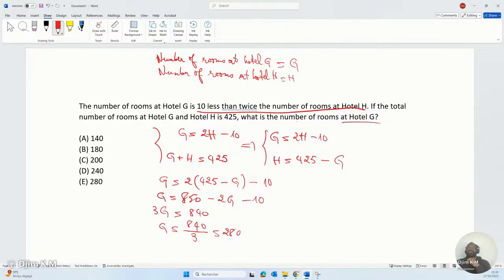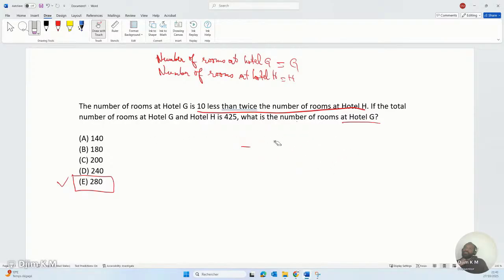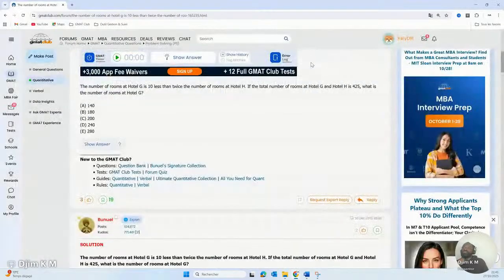So we have the number of rooms at Hotel G, which is 280. Answer E.